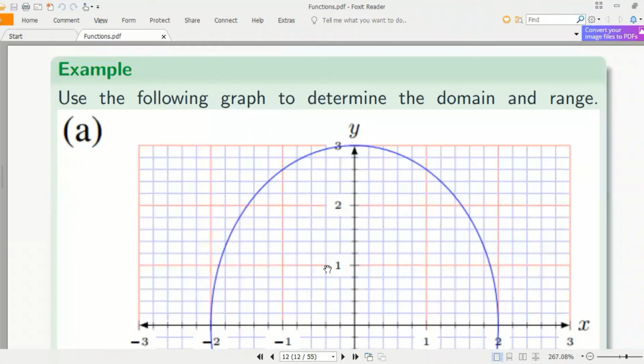Now let's see the domain and the range. Just before we do that, let's remember that the domain will be the x values and the range will be the y values.